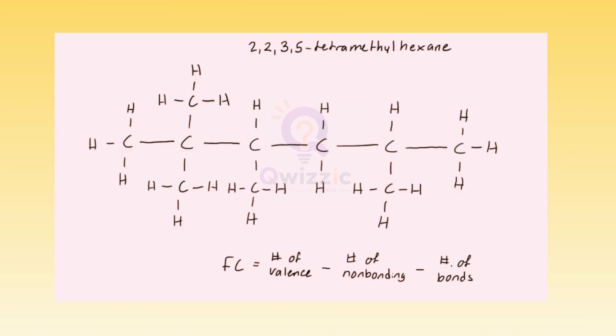So this is the formula for formal charge, but because all carbon and hydrogen atoms are in line with their bonding preferences, then their formal charge is going to be 0.